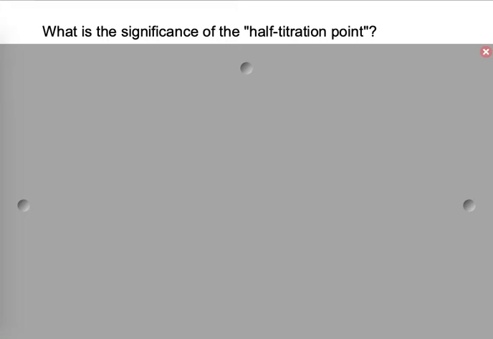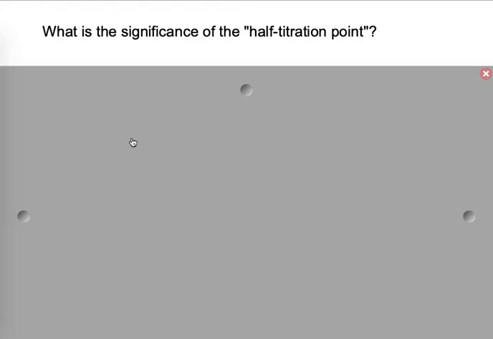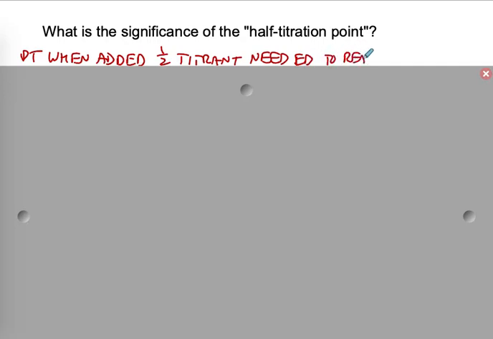Okay, now, here's a really important point. What is the significance of what's called the half titration point? The half titration point in a titration is defined as the point when you have added half the titrant needed to reach the equivalence point.